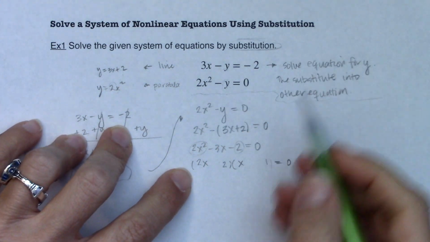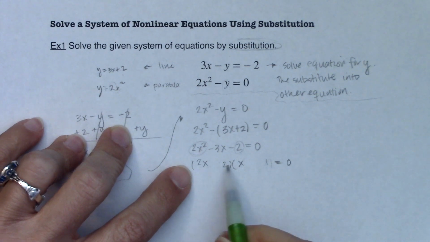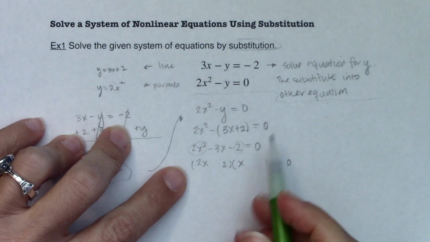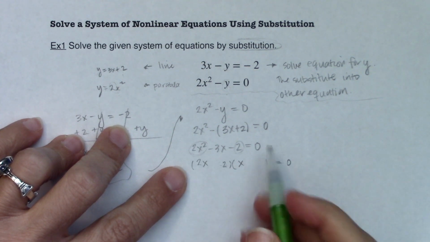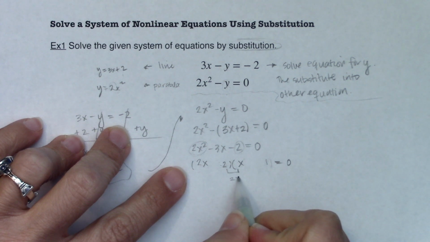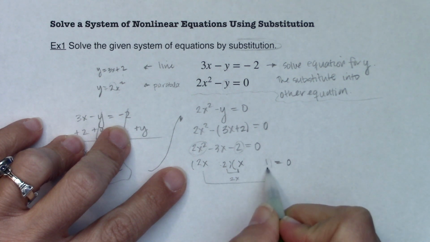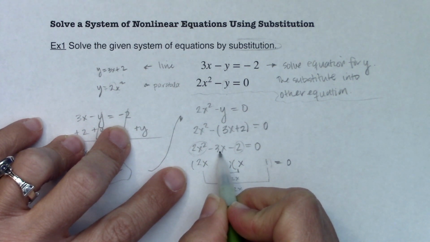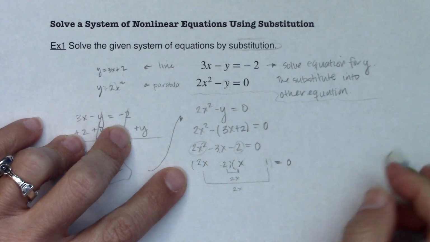I don't know if it'll work. My guess just looking at it is it won't, because if this was the factor, it would have a GCF of 2, and this doesn't have a GCF. So let's see it fail. Inner, 2 times x is 2x. Outer, 2x times 1 is 2x. There's no way to get 2x and 2x to add to -3x. So this isn't the way.